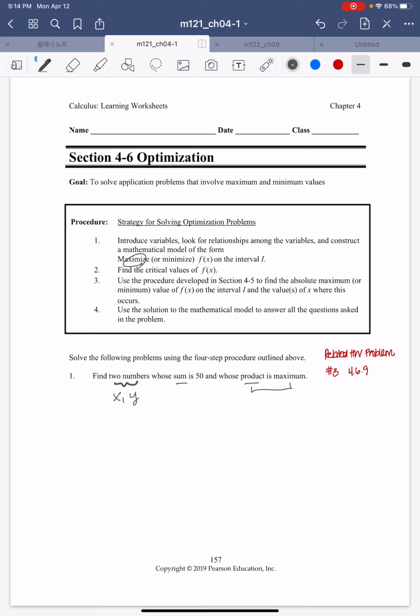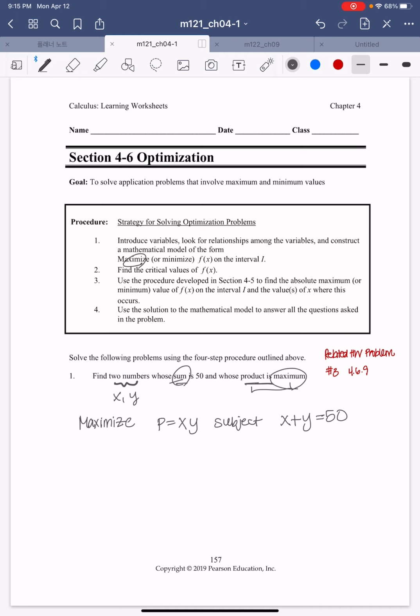So we are going to maximize our product function, let's just call it P of x, y, subject to our sum function, which is x plus y equal to 50. So we want to maximize our product function, not the sum function, because it tells you here to max the product.